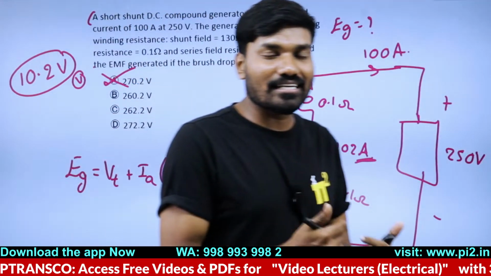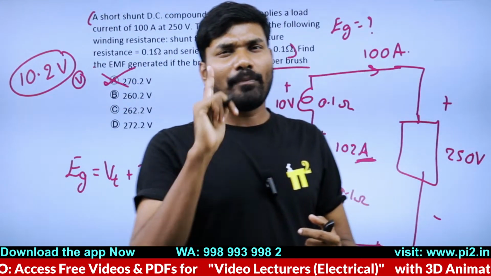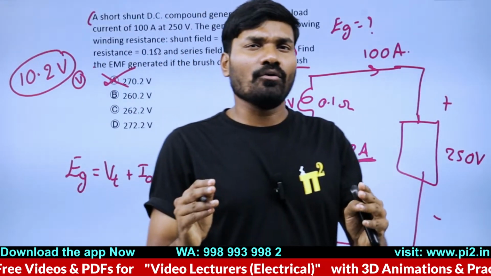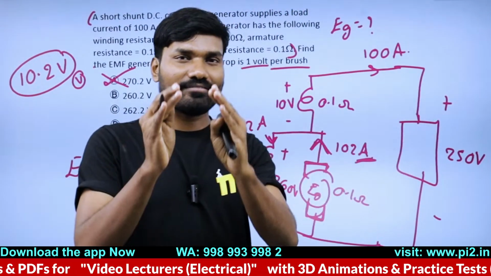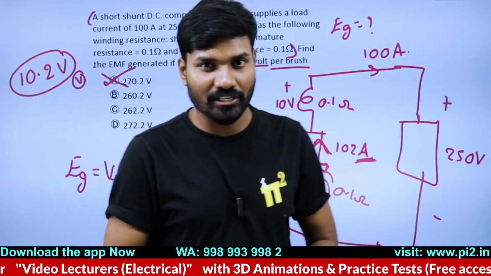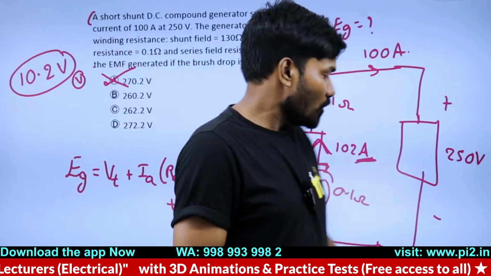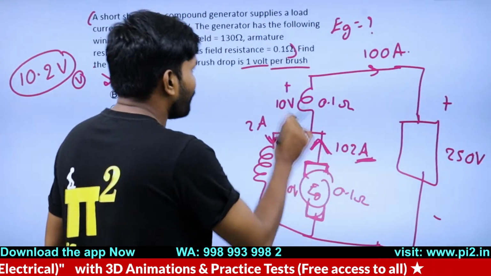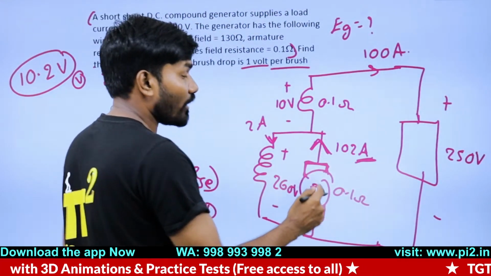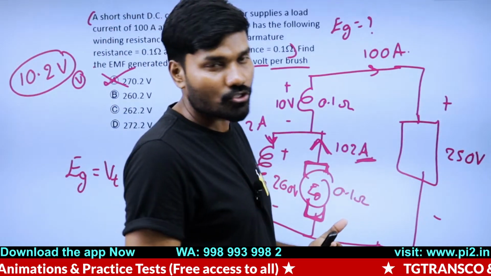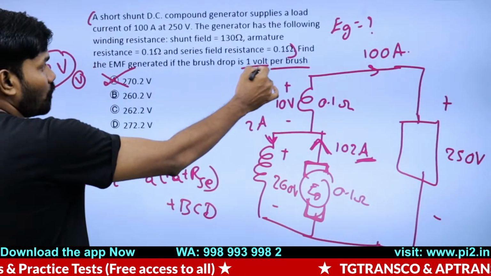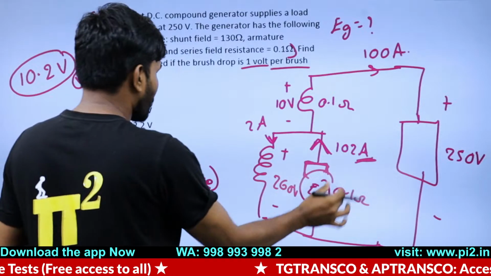So when it comes to voltage, if you are able to find out one parallel path voltage, all parallel paths will have the same voltage by considering equalization. So this brush is having 1 volt and this brush is having another volt drop. So total 2 volts drop is given in the question. 1 volt per brush means 1 plus 1, 2 volts.